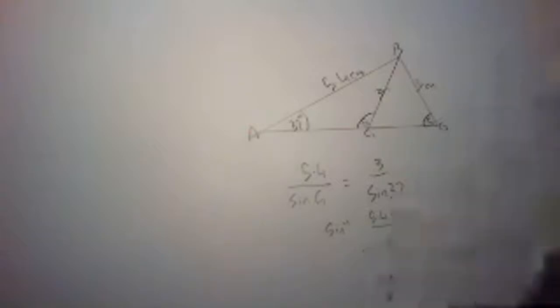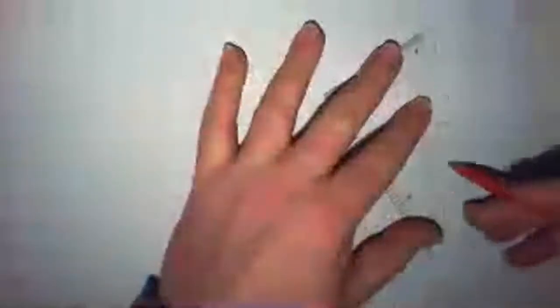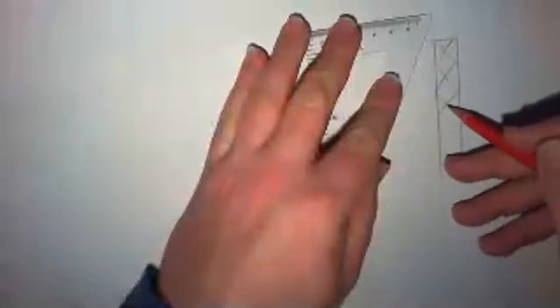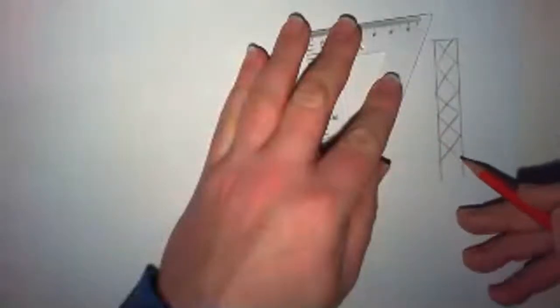Okay, all right. So let's try another one. I love these questions because you can just have fun with them. Okay, ooh, I like this one. So we have a tower. Not great at towers. We have the tower and we have the ground.